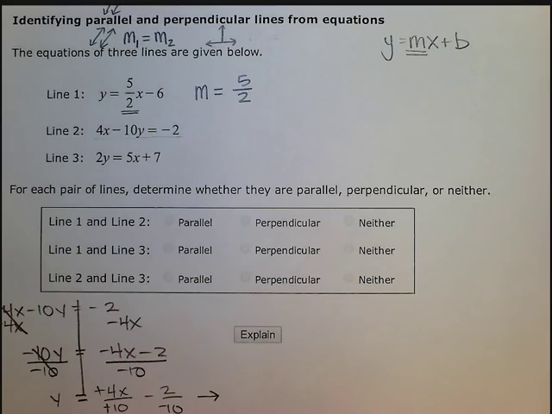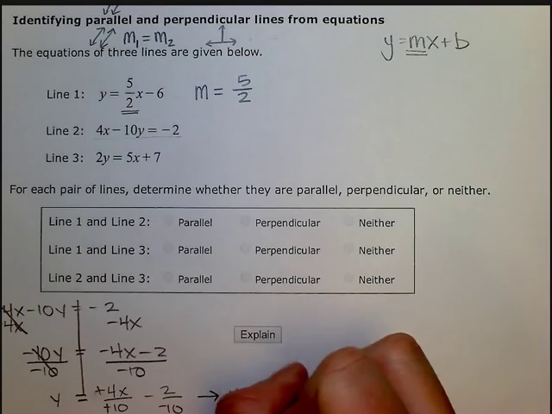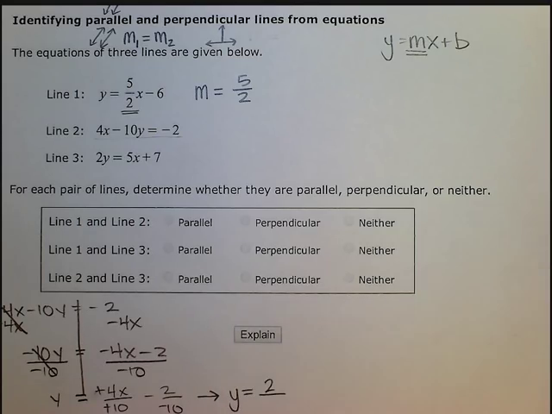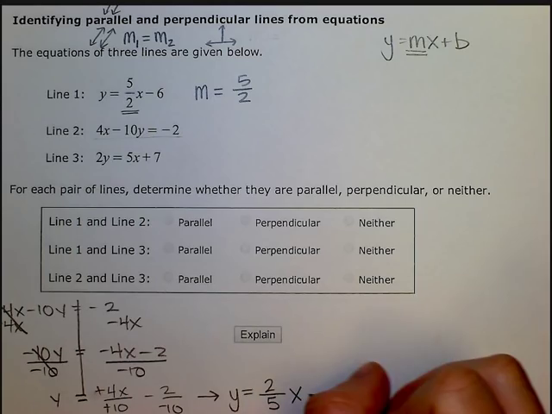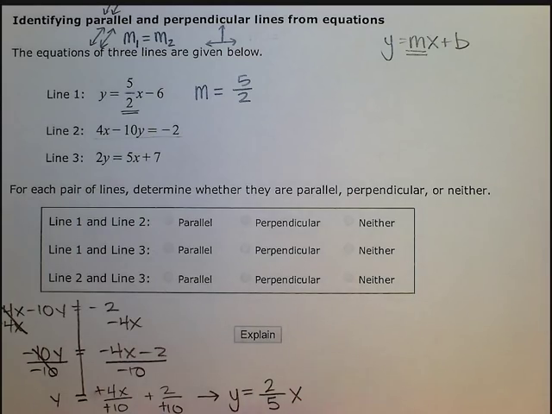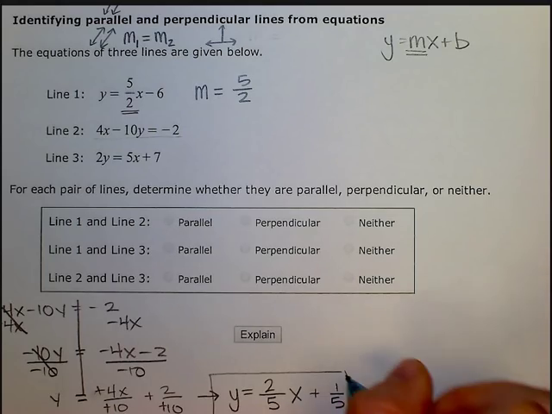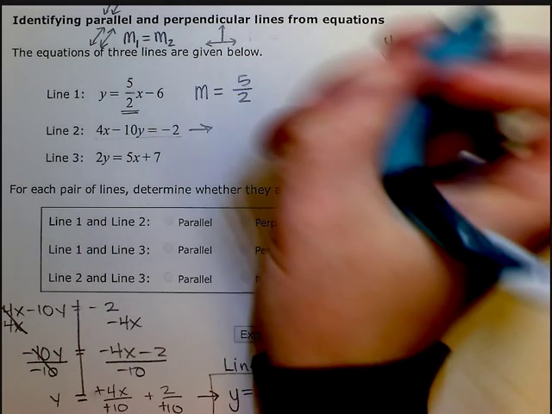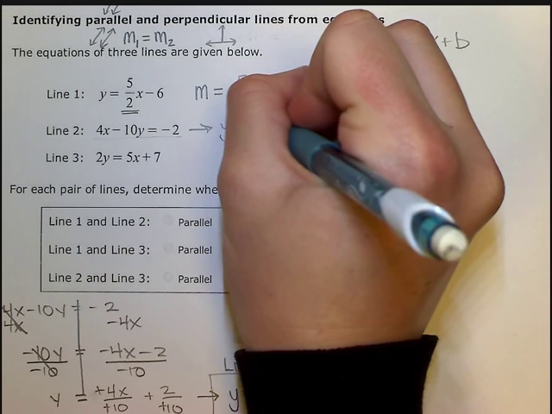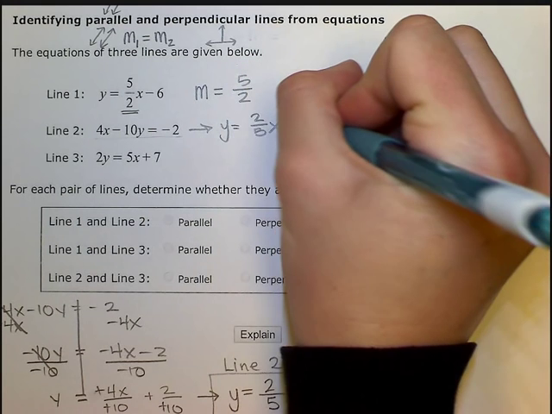So I have y equals 2 over 5 x, and then again I have a negative negative, so it becomes positive, plus, and let's simplify this. I can divide a 2 out of the top and the bottom, so I get 1/5. So this is the equation for line 2. It became y equals 2/5 x plus 1/5.